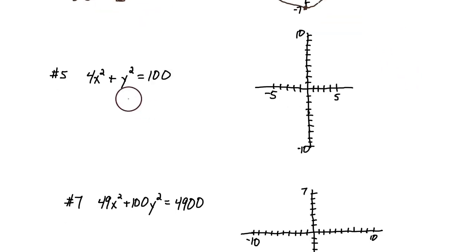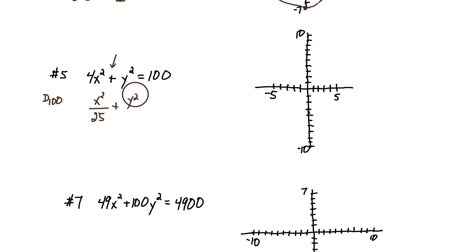Number 5, we have x squared and y squared. We have a plus sign, but this is not general form for an ellipse because an ellipse has a 1 on the right. So let's divide everything by 100 to create that. 4 divided by 100 reduces to 1 over 25.